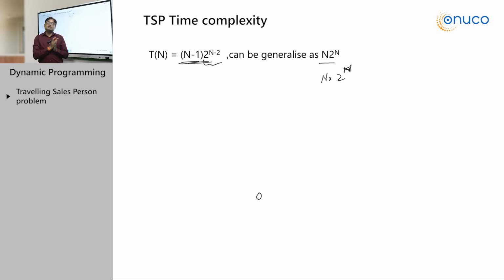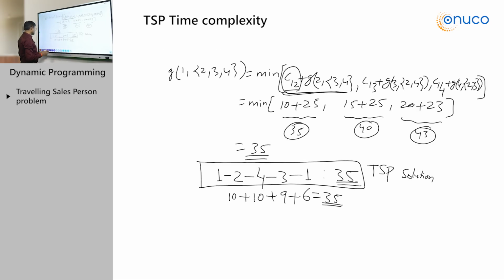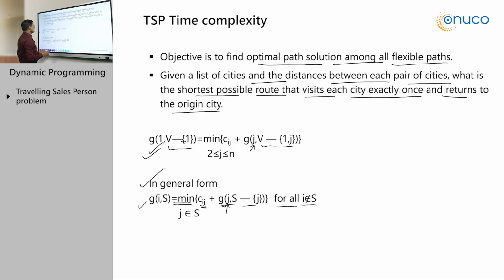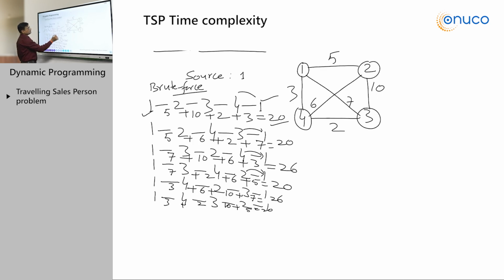If 1 is the source, the remaining vertices are 2, 3, 4, and we find all sets of combinations among them. But if you apply the brute force technique discussed in the beginning, with 1 as the source and then 2, 3, 4, how many vertices do you have? 3 vertices, so 3 factorial is 6.